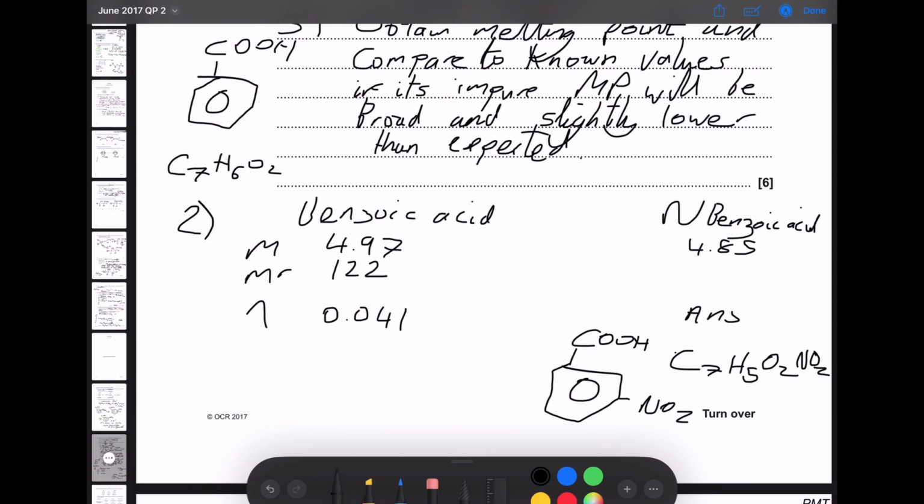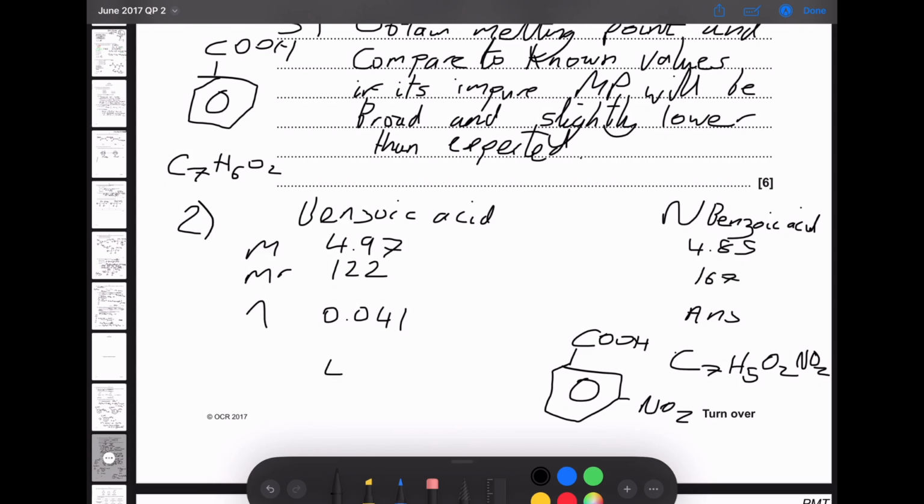So 7 times 12 is 84, plus 5 is 89, plus 32 gives us 121, add 14 for the nitrogen, gives us 135, add 32 for the oxygen, gives us 167.